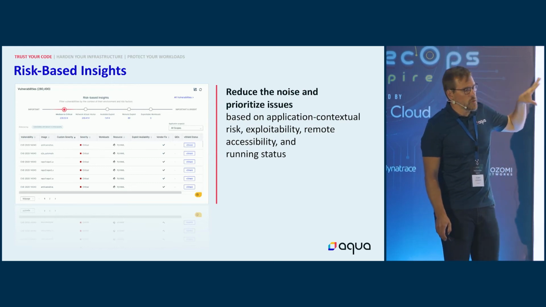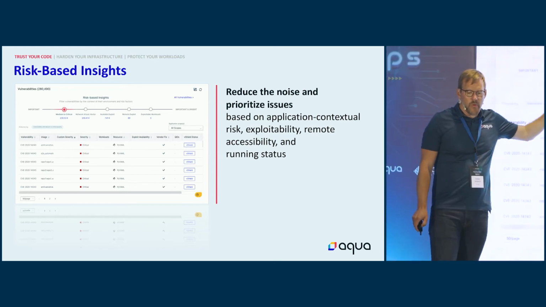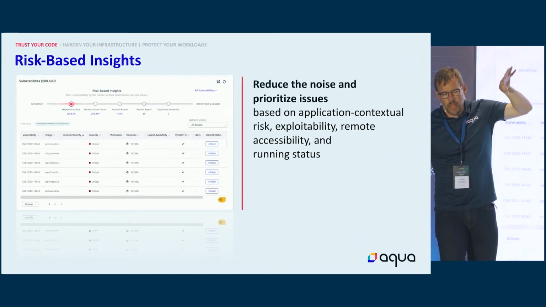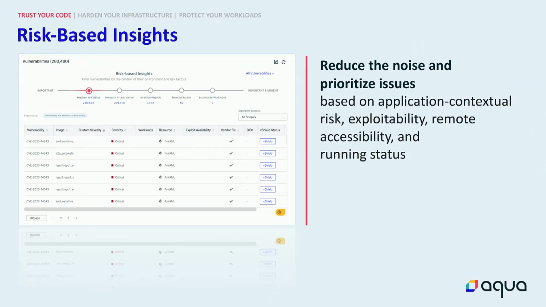Risk-based insights are also important. Understand the priority of a threat, and therefore we can correlate the information from all these three pillars. So we can say, hey, here's something running exposed to the internet with a vulnerability on an infrastructure that has maybe over-permissions on a certain resource in your environment.